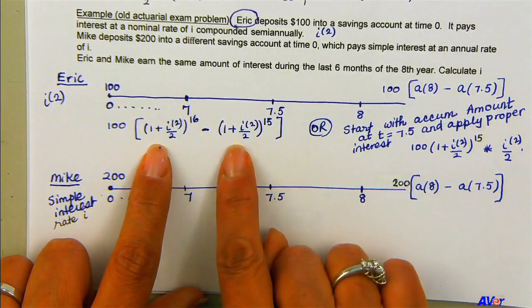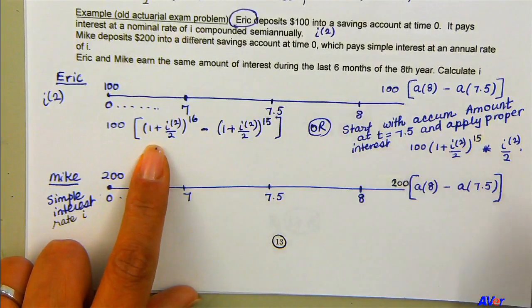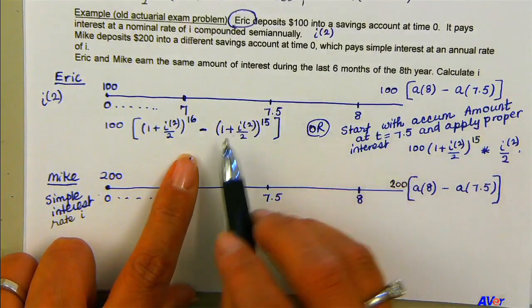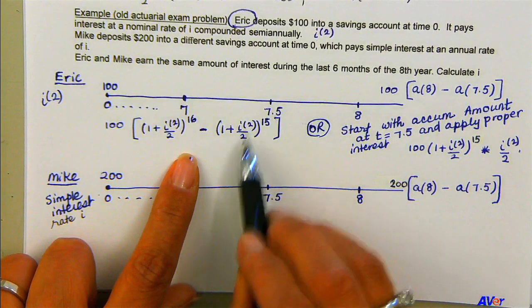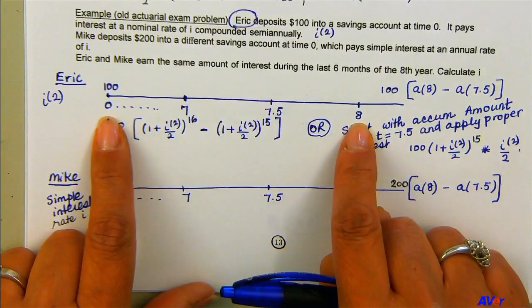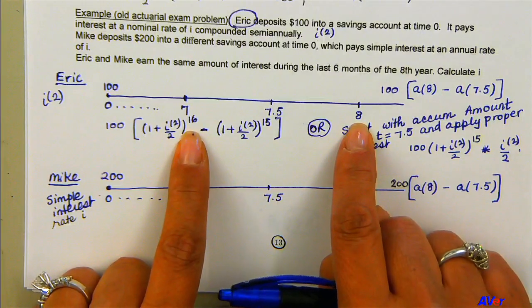That will give me the amount of interest earned between 7.5 and 8. Do you understand that? Because we are dealing with 1 plus I2 over 2, where I2 is the 6-month rate, we are establishing that in 8 years, there would have been 16 6-month periods. That's why this is 16, right?